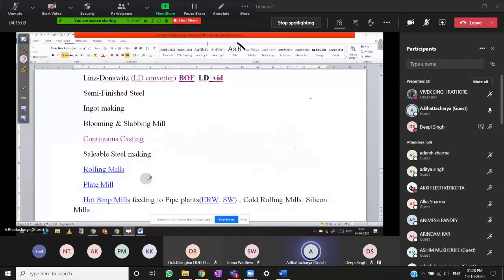Now the principle of the rolling mill, two rolls.